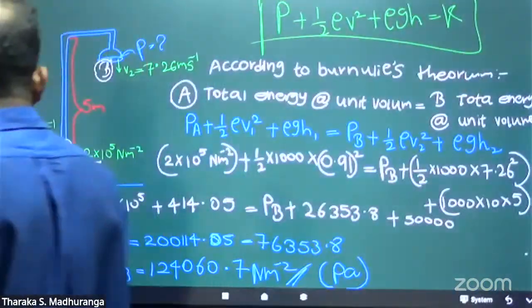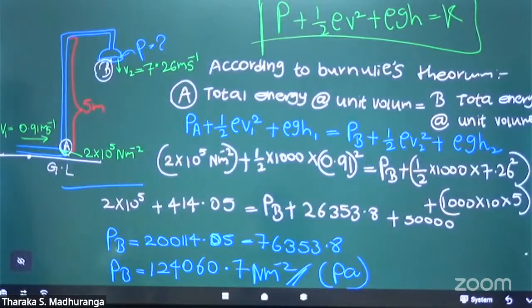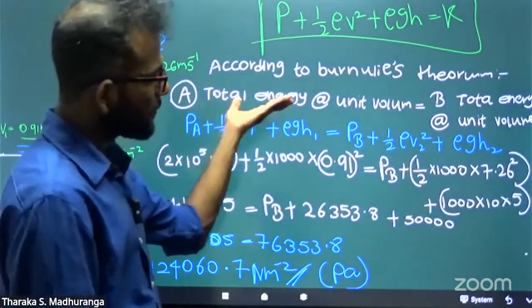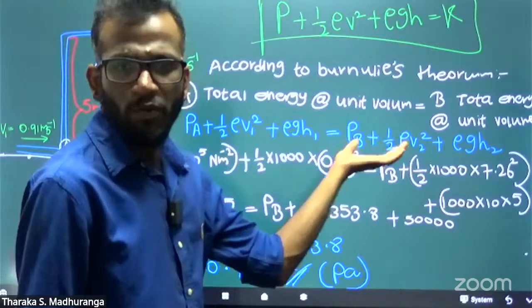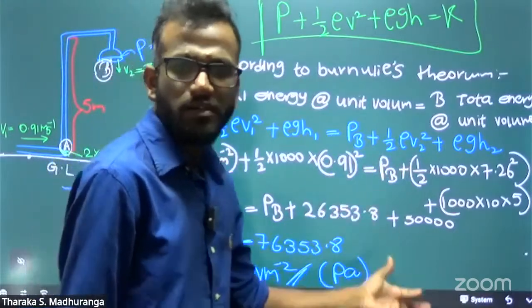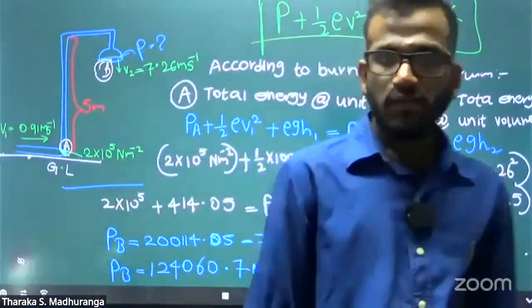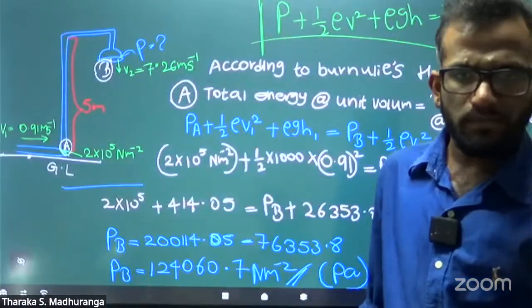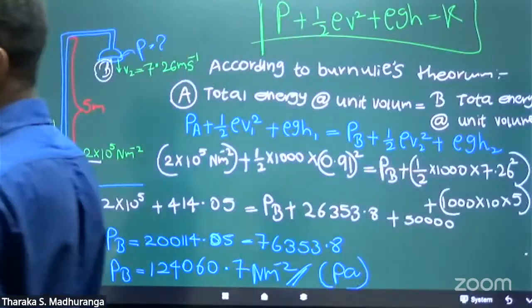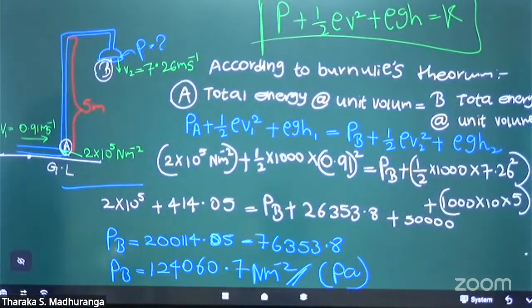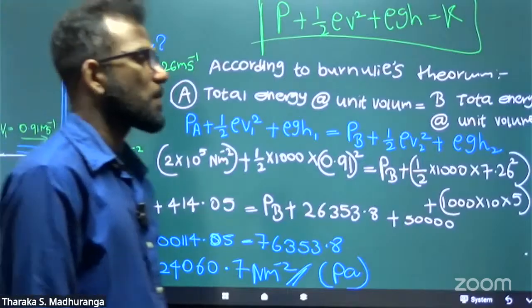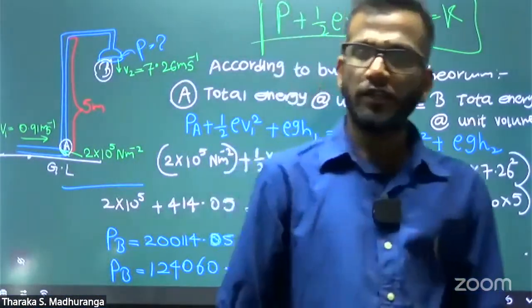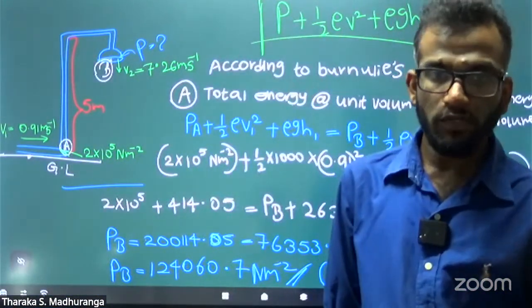In Bernoulli's theorem, the principle is not difficult, only the calculation part is a little bit difficult. But that is the basic calculation of Bernoulli's theorem. If any doubt, please ask. No doubt.